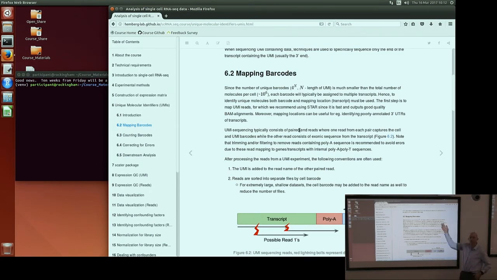That depends on how long you make them. If you make them really short, right? If your UMIs are only 3 base pairs, for example, then you only have 64 combinations. So then, of course, it's not going to be enough of them. So that's part of the trade-off that you need to figure out.